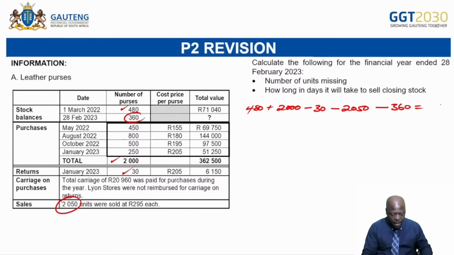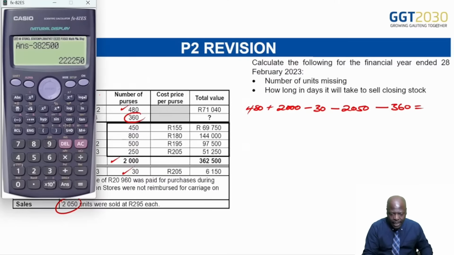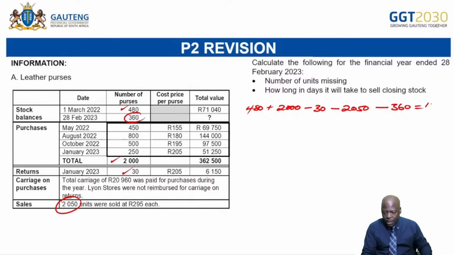And then we come here. Let's see what we're going to get on the calculator. So it's going to be 480, then we say plus 2000, then we say minus 30 minus 2050 minus 360. And that will give us 40. So these are 40 units that are missing.